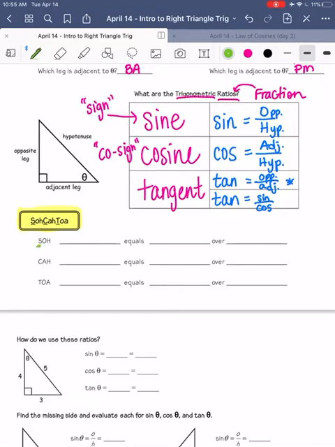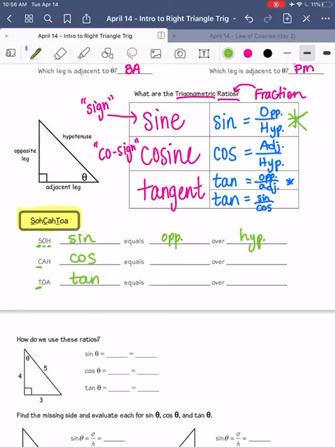The S in SOH stands for sine, the C in CAH stands for cosine, and the T in TOA stands for tangent. And the O and the H stand for opposite and hypotenuse, which is the formula, if you see that. So it's a mnemonic device to help you remember the order in which your trig functions go and what is over what.